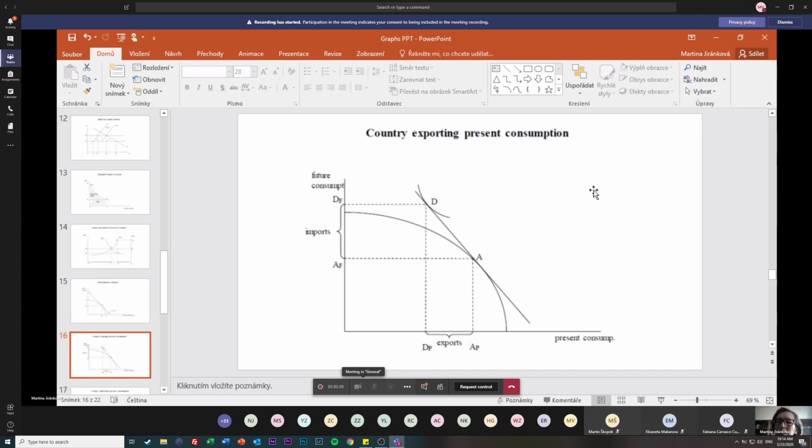Now you can see here the country exporting present consumption. Imagine, for example, oil countries in the 70s. You remember 1973, there was the oil shock. What was it?